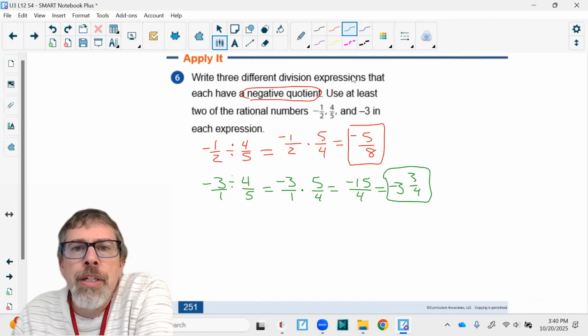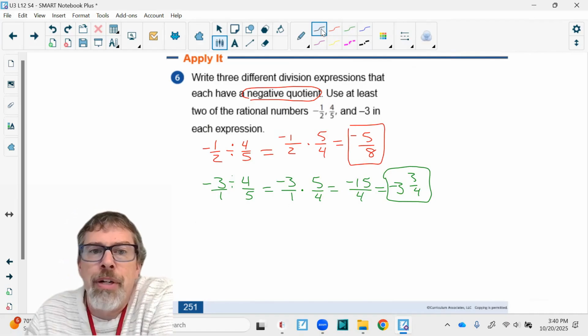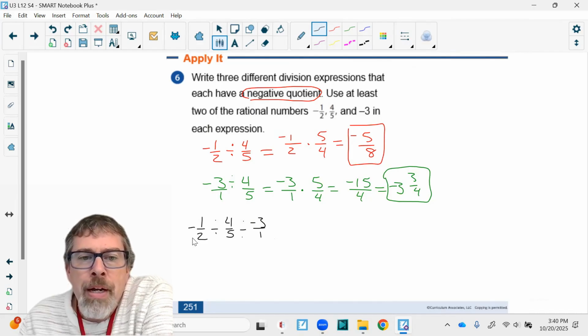And it says write 3 different division expressions that each have a negative quotient using at least 2 of these numbers. So now I'm going to do it using all 3. So I'm going to do -1/2 divided by 4/5. And then I'm going to divide that by -3. Like so. So PEMDAS or GEMDAS says to work left to right.